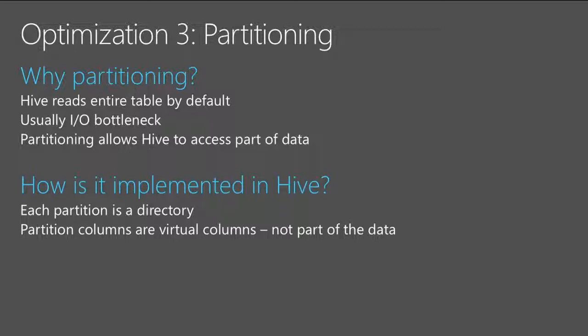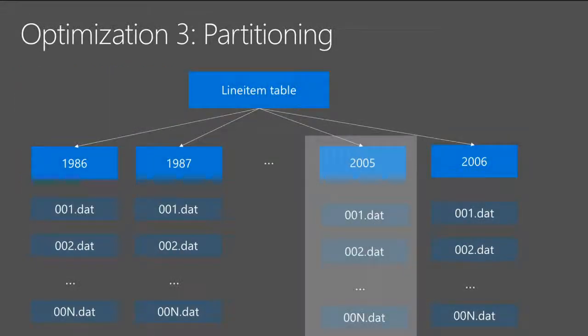How is it done? When you ask Hive to create a partition, it creates partitions as directories. So each partition is a directory. And partition columns are virtual columns. They're not really part of the data. To help you understand this better, say this is my line item table, and it has years from 1986 to 2006.